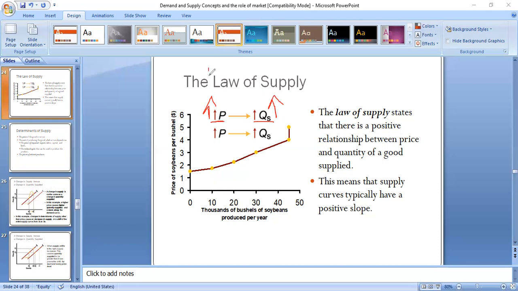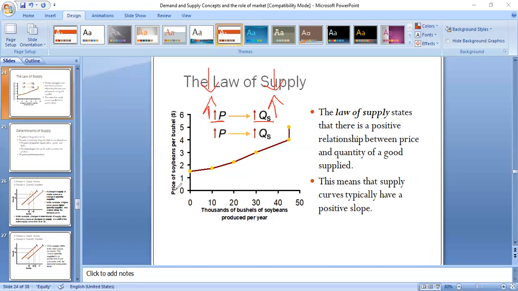And on the other hand, if the price is reducing, even the quantity supplied will be reducing. So that's what we mean by a positive relationship, that you shall have two variables and they will be moving in the same direction. Either both are decreasing or both are increasing. That's what we call a positive relationship, right?